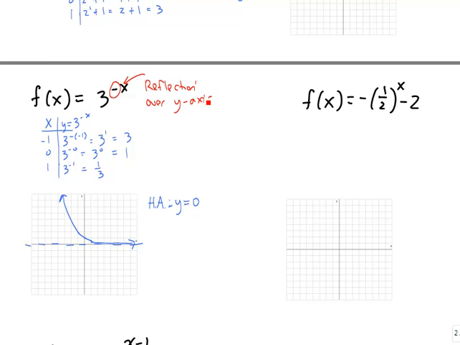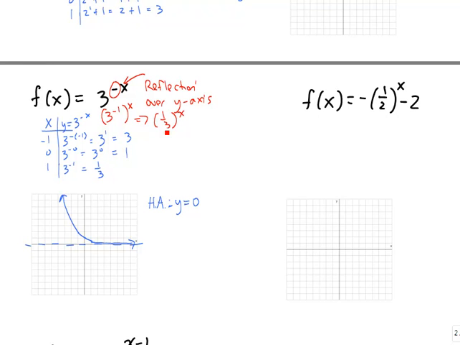So if you think of this as 3 to the -1 raised to the x, 3 to the -1 is the same as 1/3. So this 3 to the -x should give us the same graph as 1/3 to the +x. And that's why this is an exponential decay, because it's acting just like a base of 1/3.